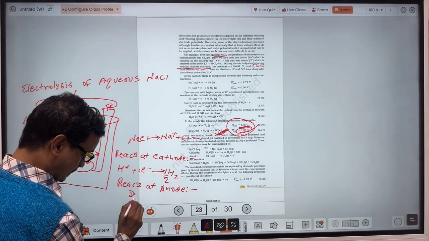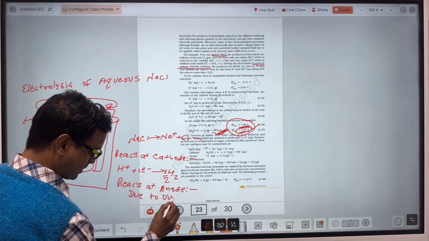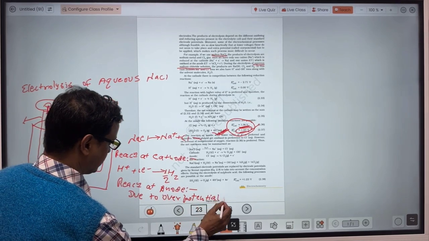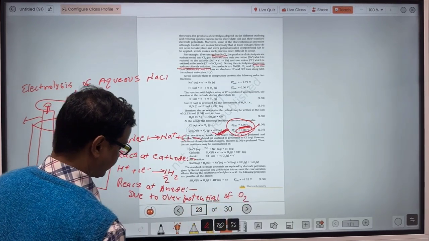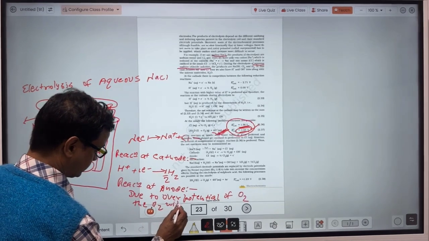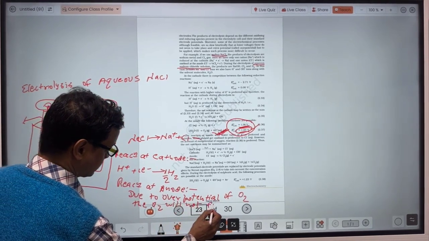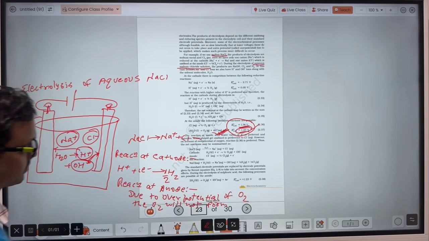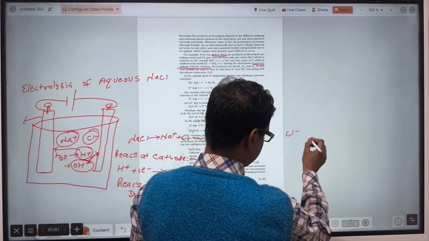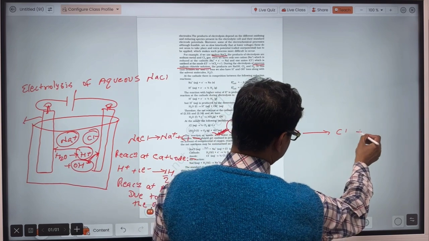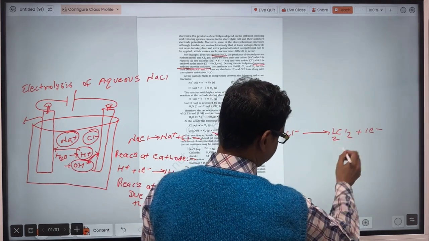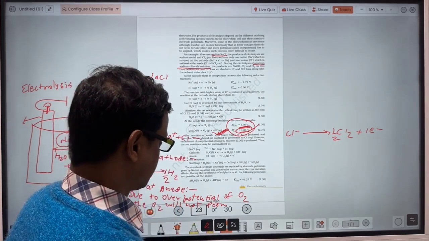So the reaction at the anode: due to the overpotential of O2, the O2 will not form. The Cl minus will lose the electron and convert to Cl2, so half mole of Cl2 will form.